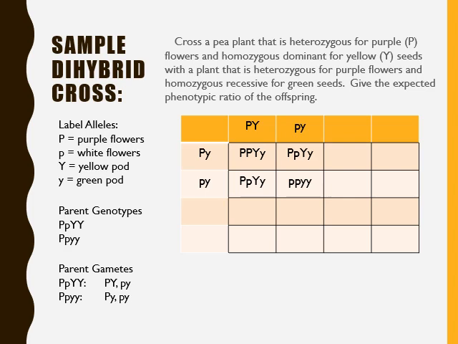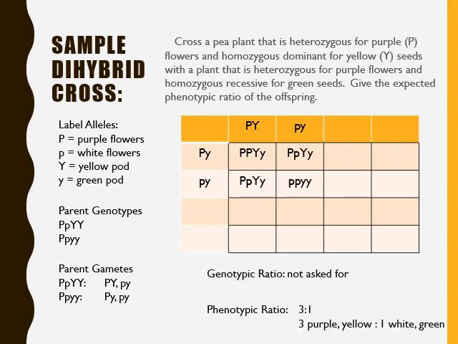That is, they have a big P and a big Y. And only one of them has 2 little p's and 2 little y's. So our genotypic ratio, nobody cares. It wasn't asked for. Our phenotypic ratio is 3 to 1. 3 of these organisms have purple flowers and yellow seeds. 1 of them has white flowers and green seeds.